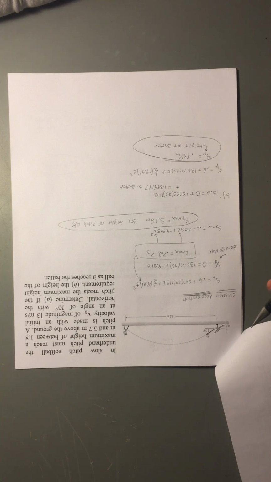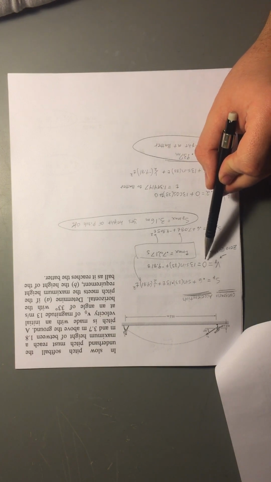So the first thing we needed to do was to find out what the height is here at the max height. And so looking at this, we know that at that time the velocity in the y direction will be 0. And so using one of our 3 equations for constant acceleration, we can set Vy equal to 0.